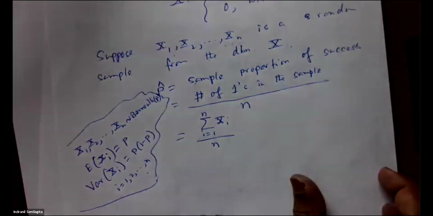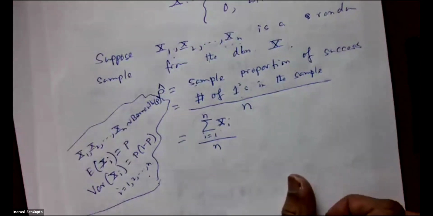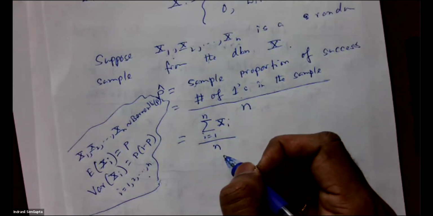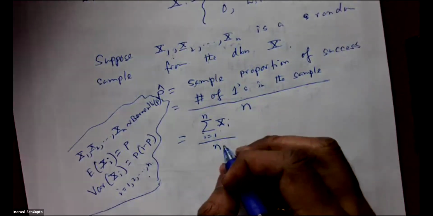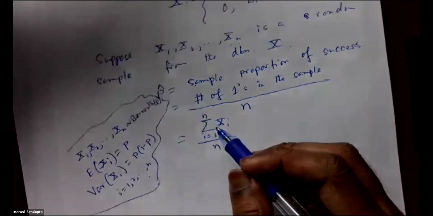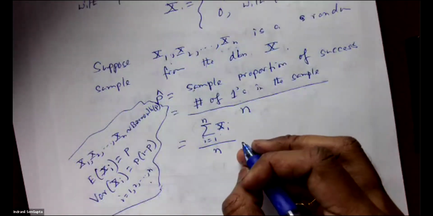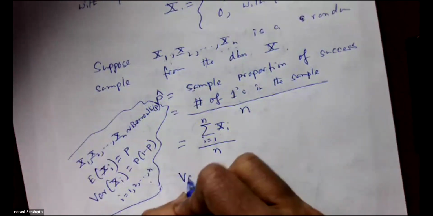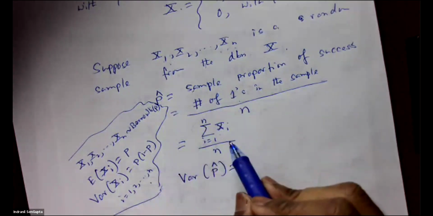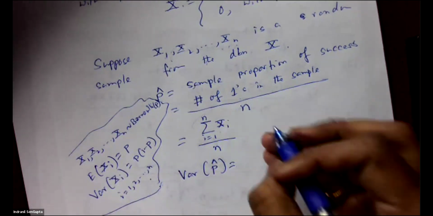Now, when we have a sample, let's compute the variance of p hat from these expressions. By the way, these are independent because it's a sample.